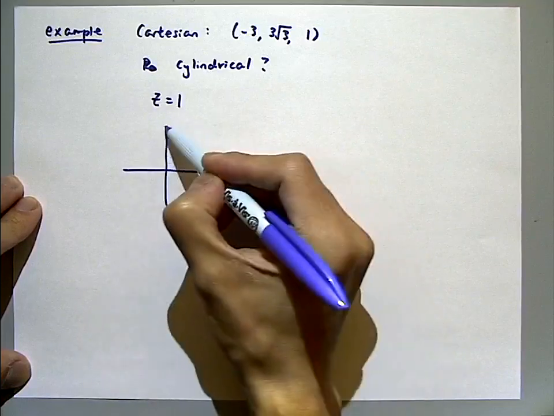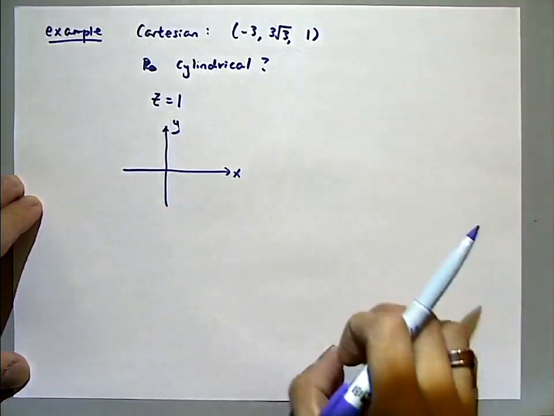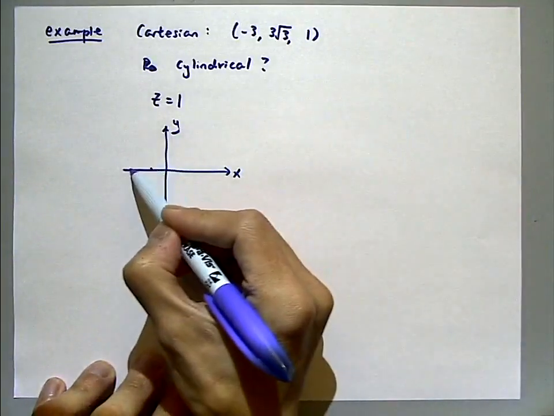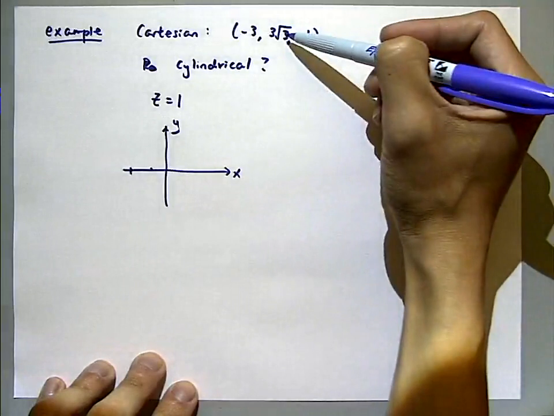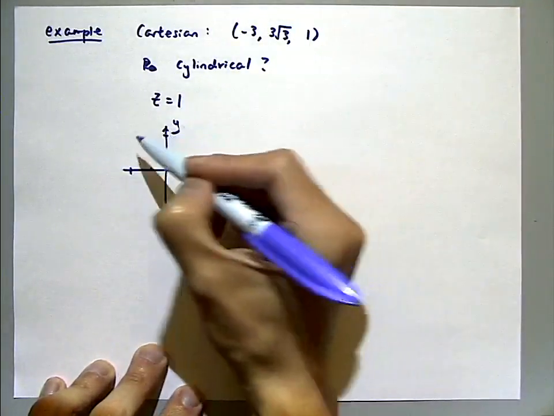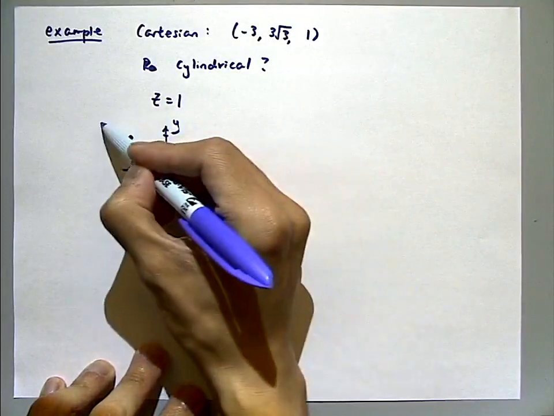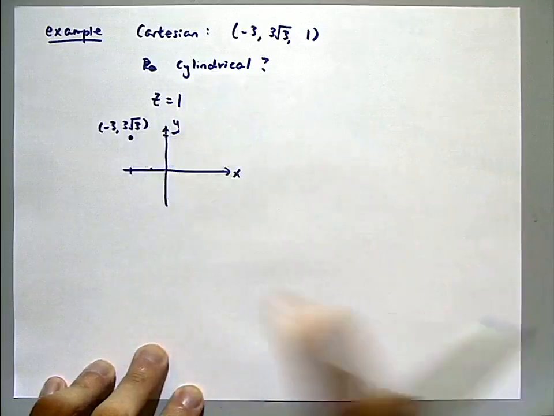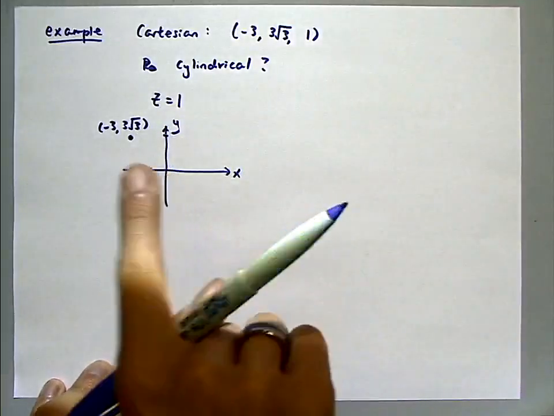So in the xy plane, x is minus 3 here, and y is 3 radical 3 here. And above this picture, we have a height of 1.